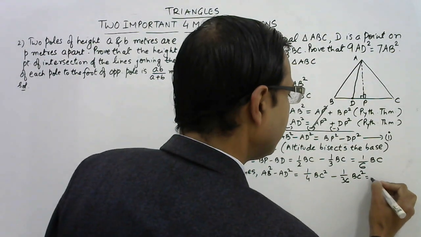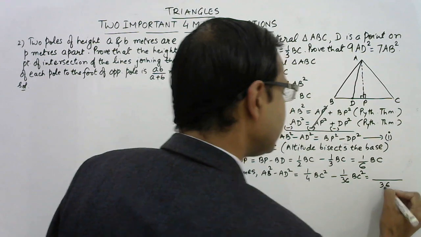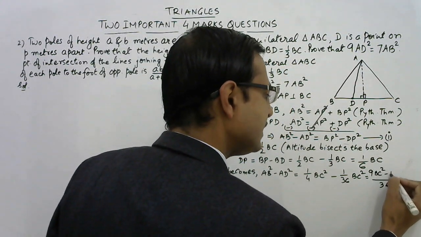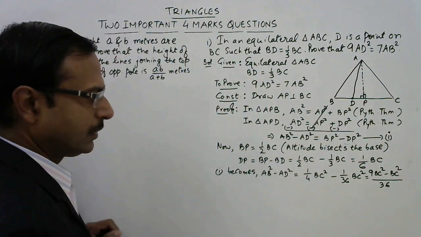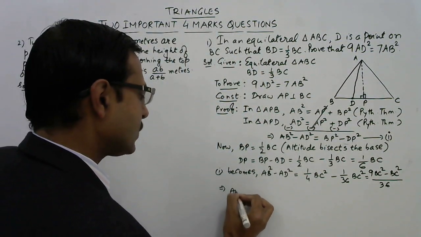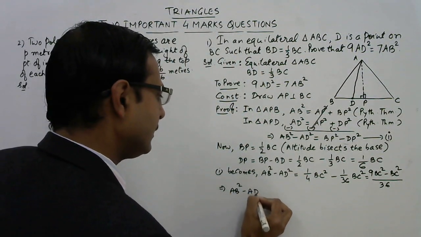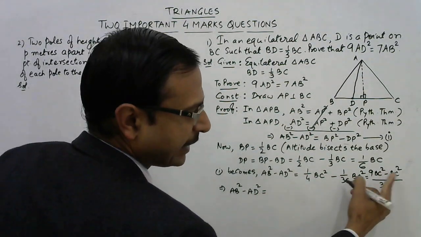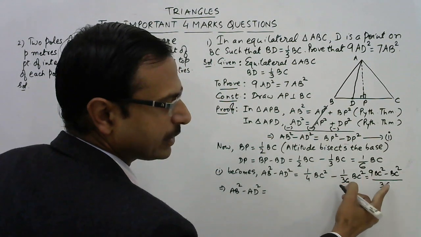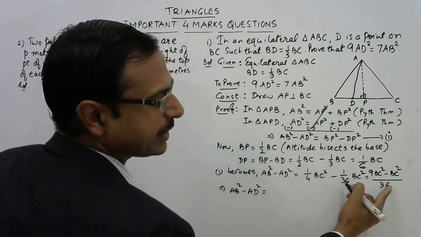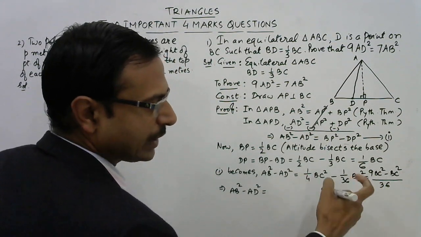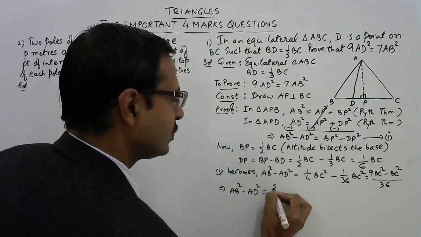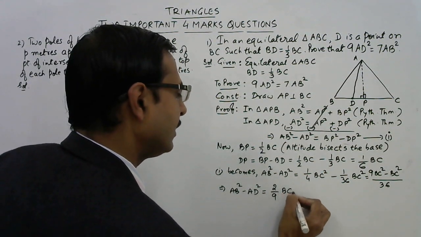This will become 36 is the LCM, so 9 BC square minus BC square. That implies AB square minus AD square will be 9 minus 1 is 8, so 8 upon 36. Now 8 upon 36 can be further reduced. You can cut out the common factor 4, 2 upon 9. So it will become 2 upon 9 BC square.